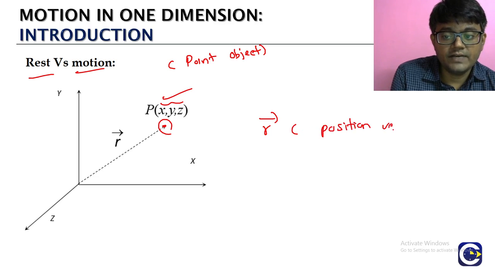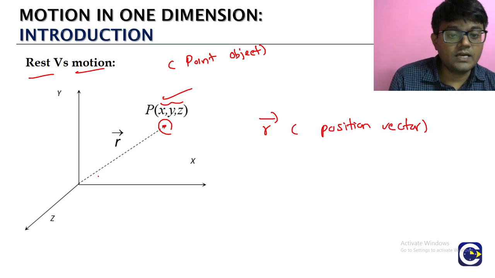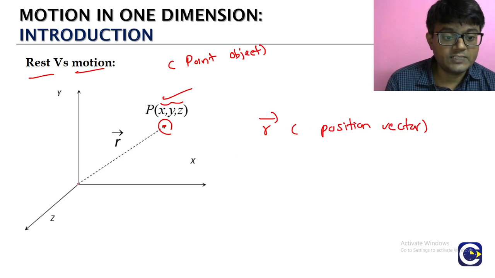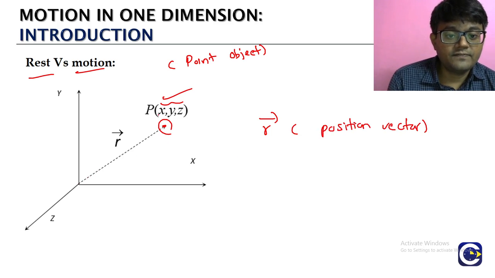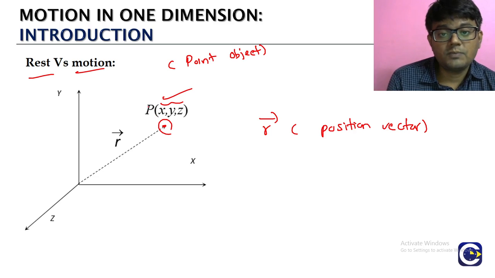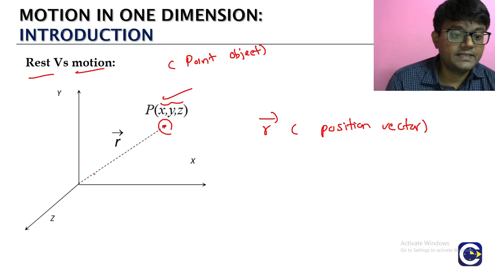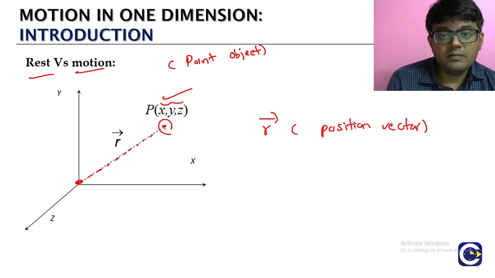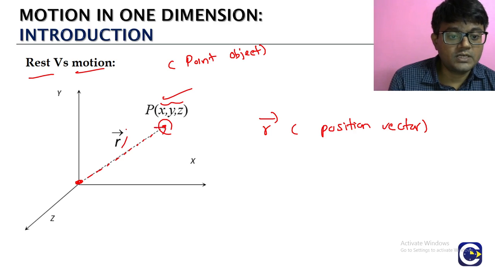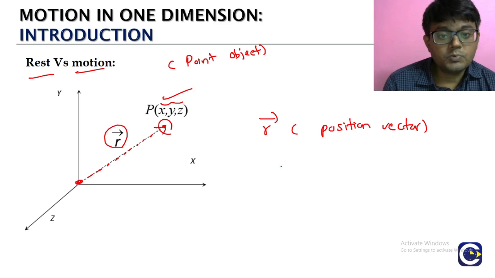Generally, when we talk about the position vector, we are talking about the position vector with respect to the origin. If we want to represent the position vector of the point P, we draw a vector starting from the origin and meeting at the particular point. This represents R bar, which we call the position vector of the point.